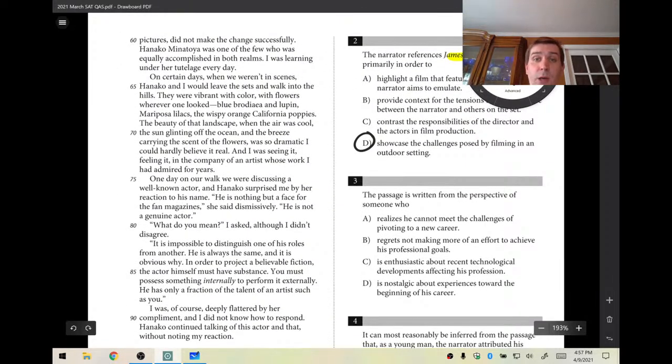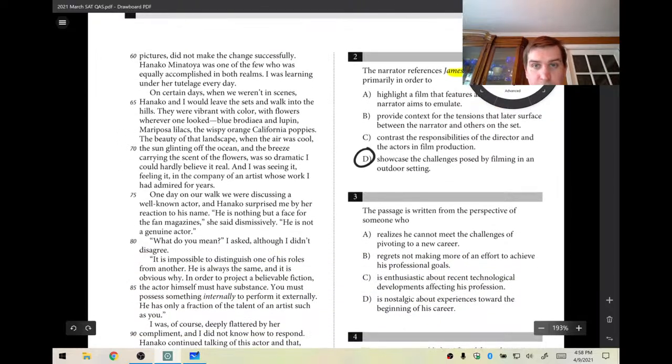Number 3, the passage is written from the perspective of someone who what? Well, it's our narrator, and we know our narrator has left stage acting in order to pursue silent films. Let's look at the first sentence.